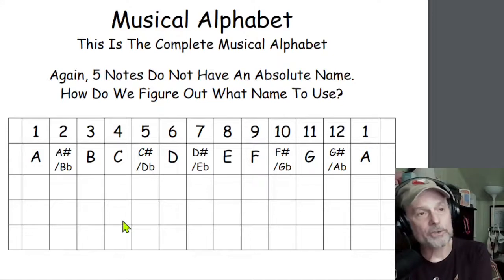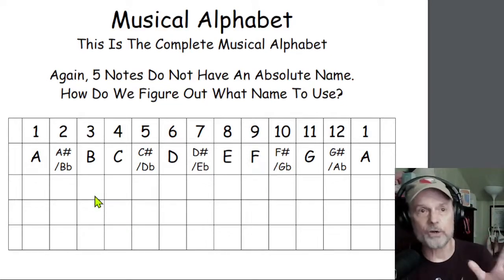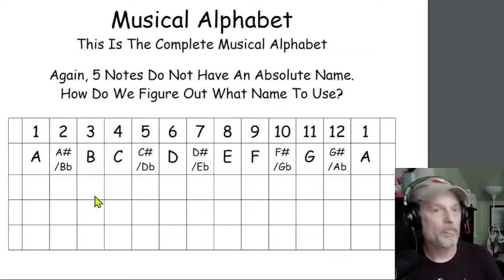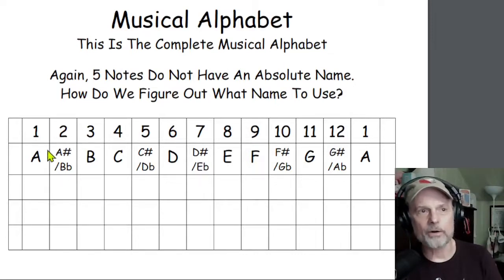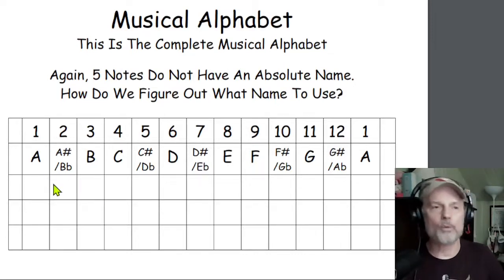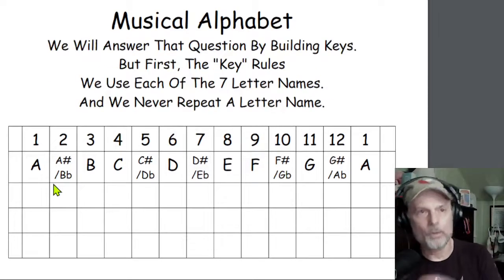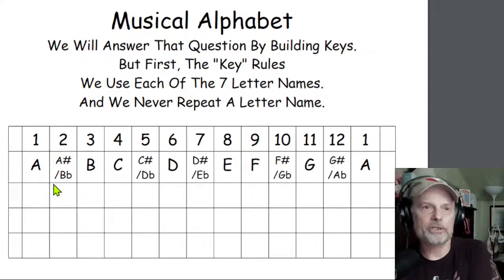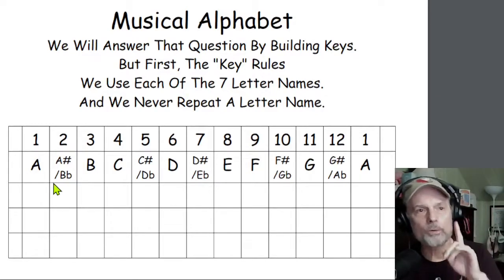Now, it's interesting. We still don't have an absolute name for 5 of these notes. So, how are we going to figure out which one to use? Like right here, A sharp or B flat. What would we call that? Well, let's find out. We're going to build our keys, and that will actually show us which one we need.